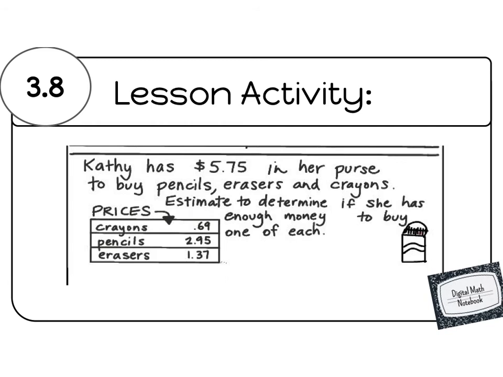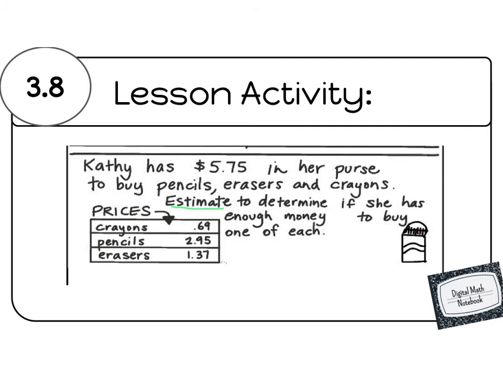All right, time for the lesson activity. Here's our next question. Kathy has $5.75 in her purse to buy pencils, erasers, and crayons. Estimate to determine if she has enough money to buy all of these. Okay, first we're going to estimate, and then we'll see how much money she needs to spend, if she has enough.